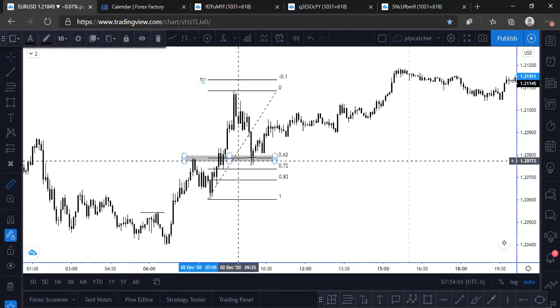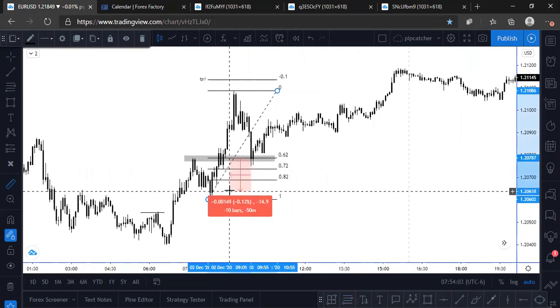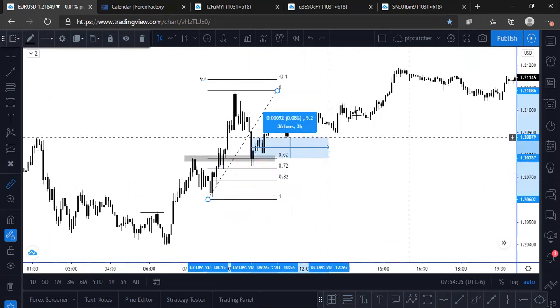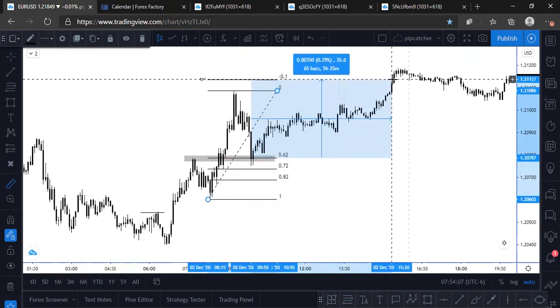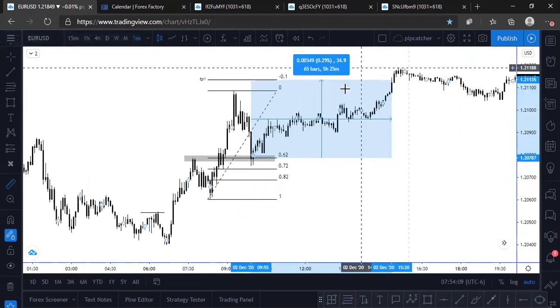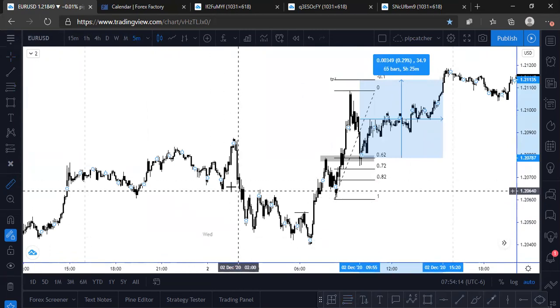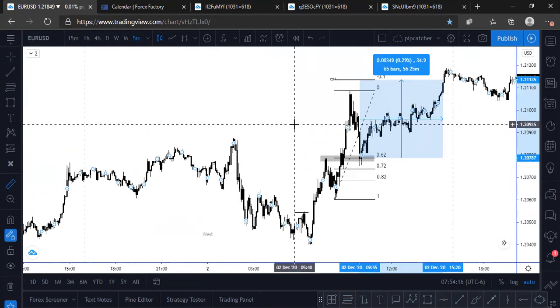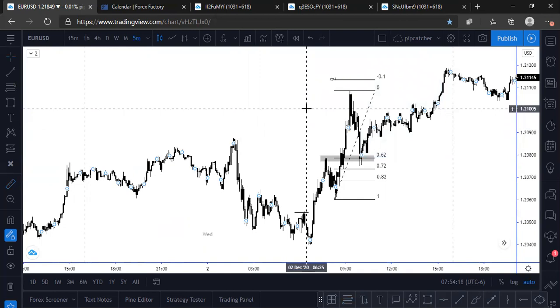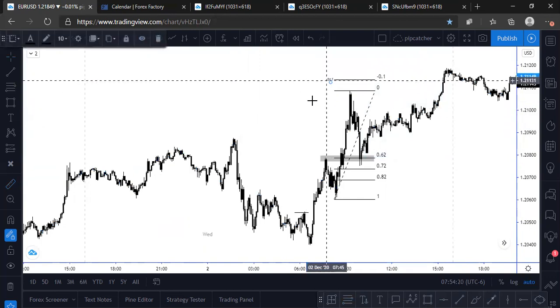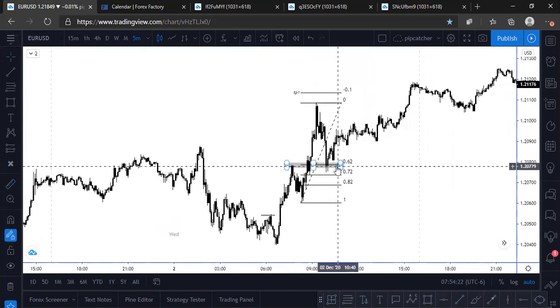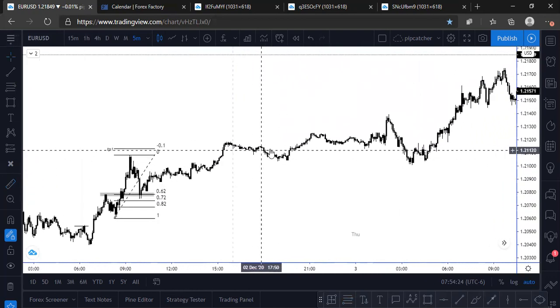Okay, so remember entry here, stop loss at 15 pips. But look, profit at 34. So on a Wednesday, we got a 1 to 2 setup. Not ideal, but you made money and you traded in the right direction.